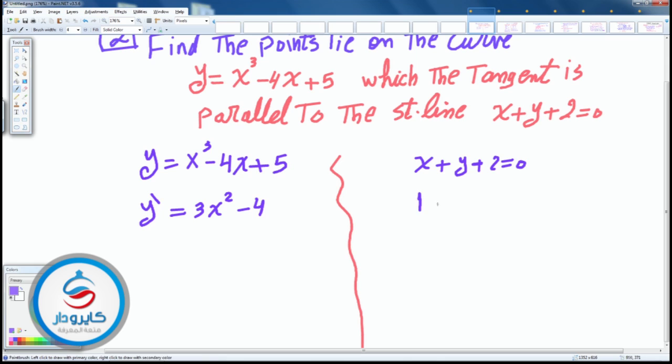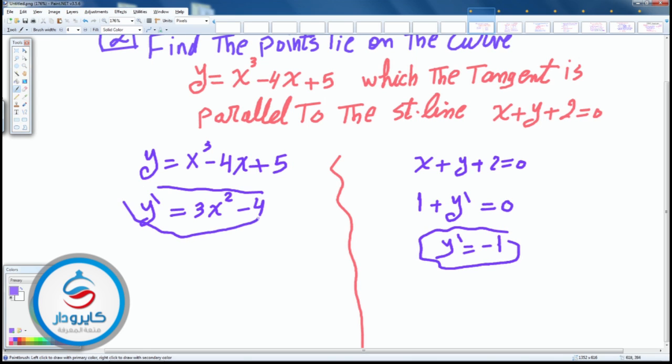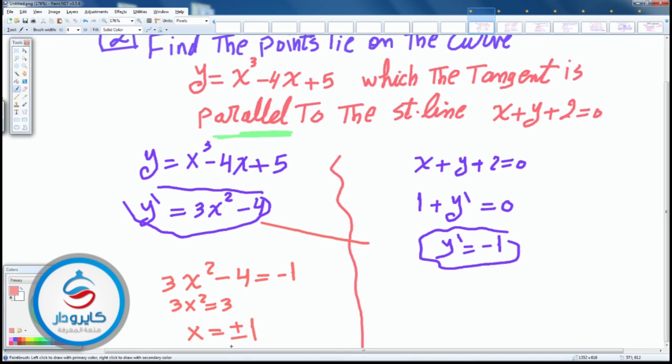X, its derivative is 1, y, its derivative is y dash, 2, its derivative is 0, so y dash here equals negative 1. So we have y dash here and y dash here, and we have to use the word parallel, so we write 3x squared minus 4 equals negative 1. By solving this equation, 3x squared equals 3, that means x equals positive or negative 1.